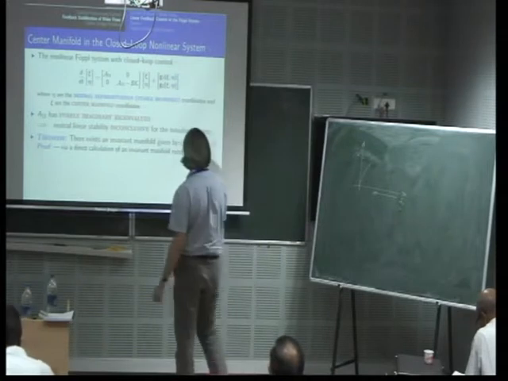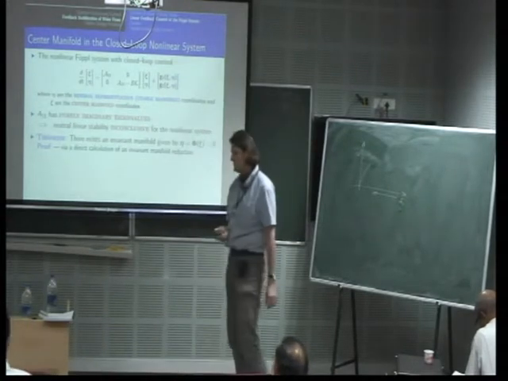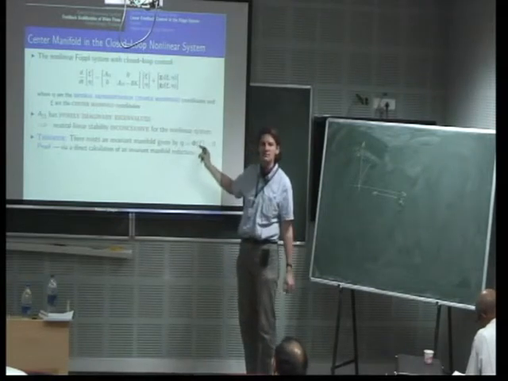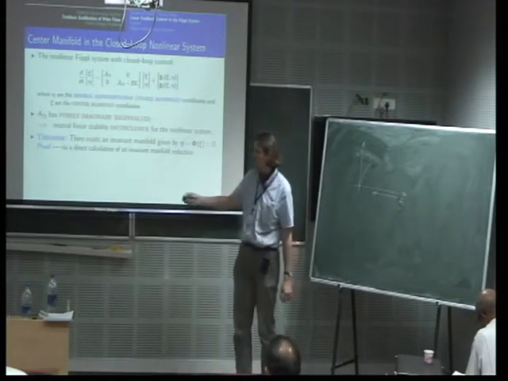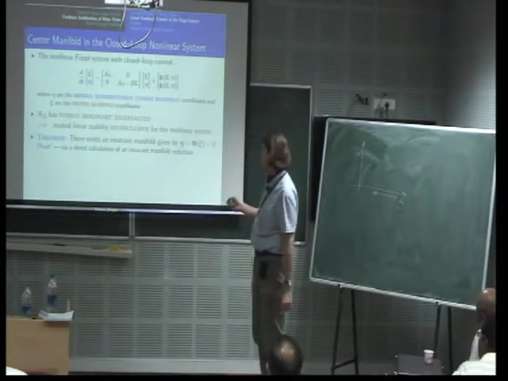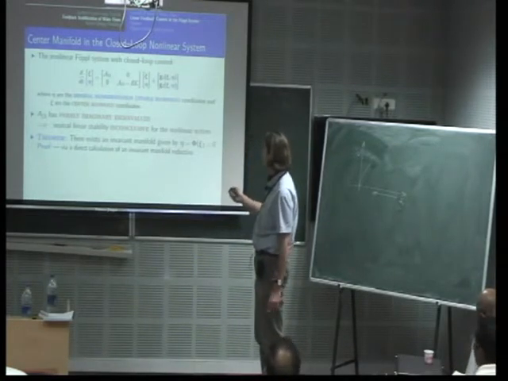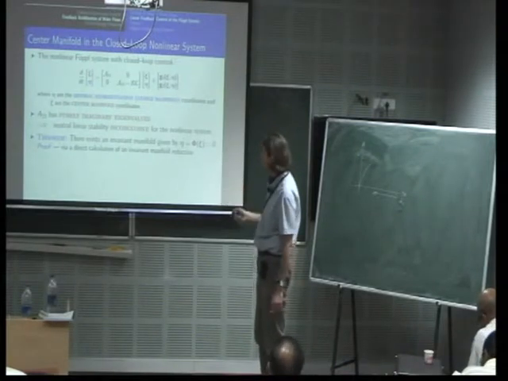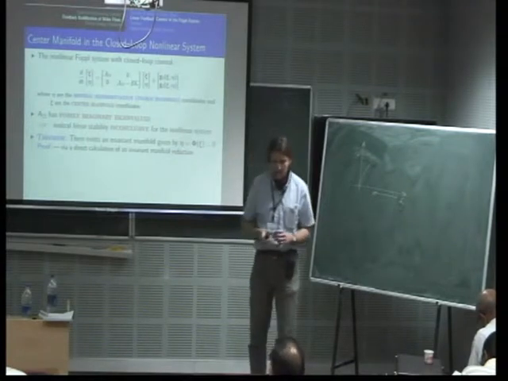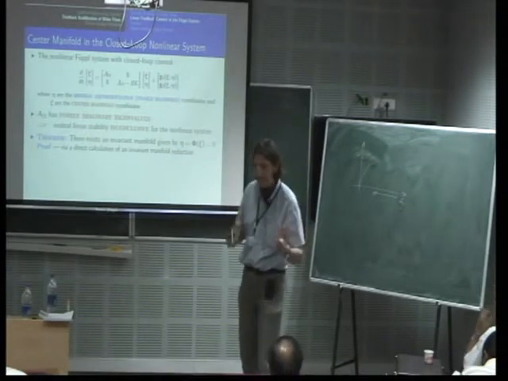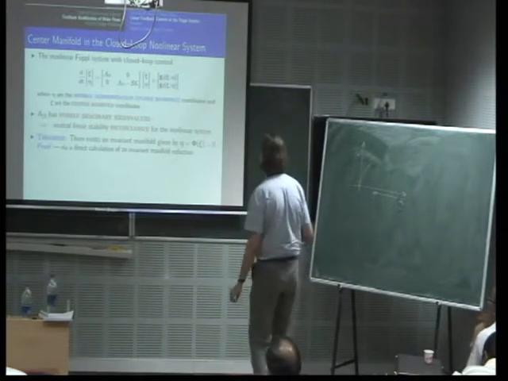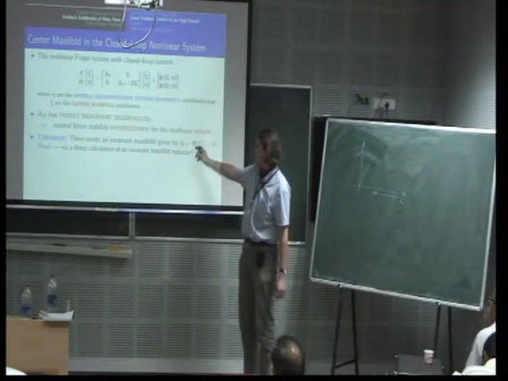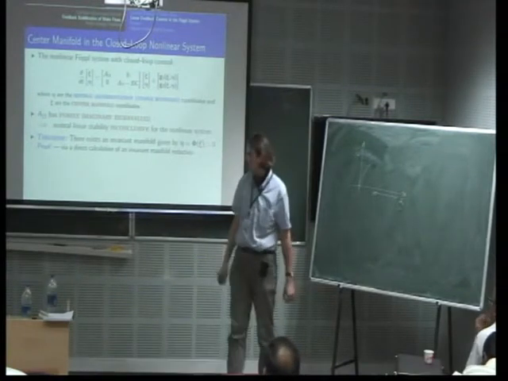And using tools of dynamical systems, we can actually construct this manifold, which turns out to have an exceptionally simple form. It is just zero. And the proof is just by direct calculation, if we substitute this into our system. Then we can show that this relation in fact defines an invariant manifold, in the sense that if we start on a manifold defined by this property, we're always going to stay there.